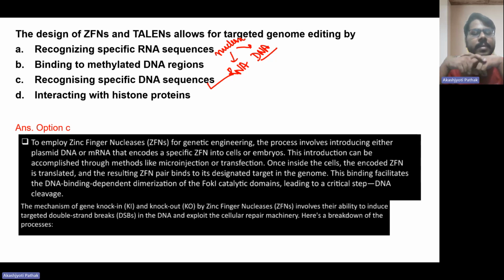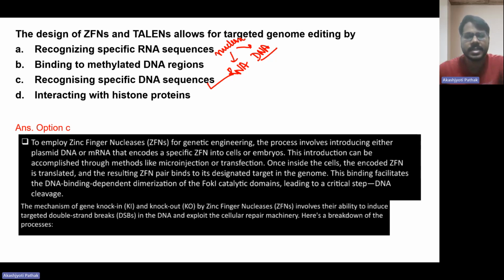And what is the basis of how they work? These will be required for producing any gene knock-in or gene knockout, through their ability to induce targeted double-stranded breaks. Both of these engineered nucleases cause double-stranded breaks and exploit the cellular repair machinery.